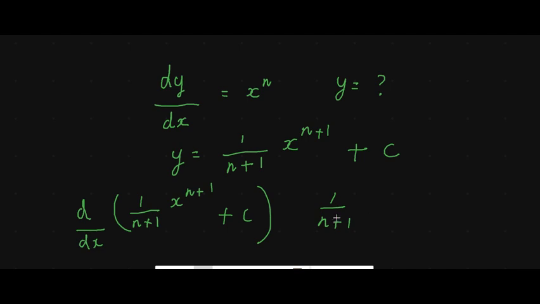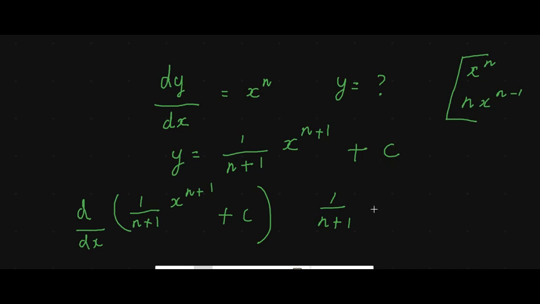So it stays as is. Now for x to the power of n plus 1, you know that the derivative of x to the power of n is n times x to the power of n minus 1. I'm just going to put that formula.